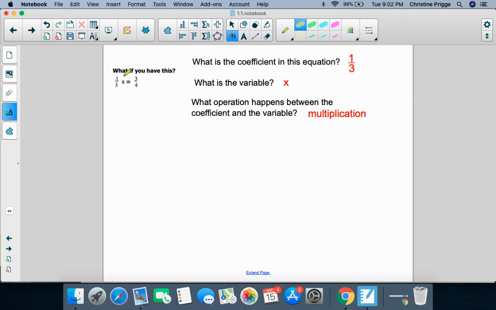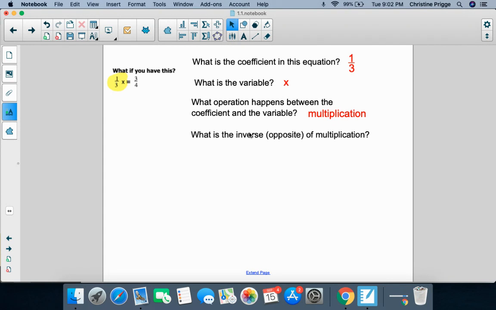Multiplication is happening between the variable and the coefficient. Okay? So if multiplication is happening there, we need to know what is the inverse operation, or the opposite operation, of multiplication. Well, guess what? That's division.